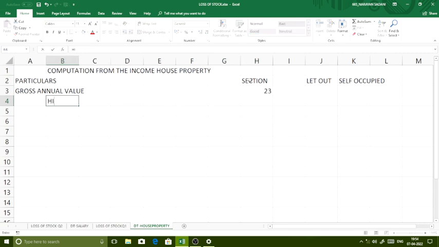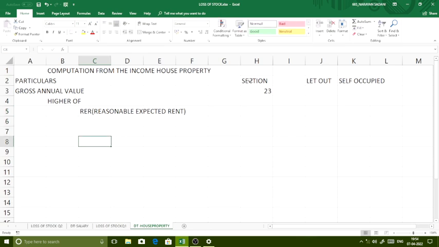Gross annual value is the higher of RER, which means reasonable expected rent, and the actual rent received. And what is the reasonable expected rent?